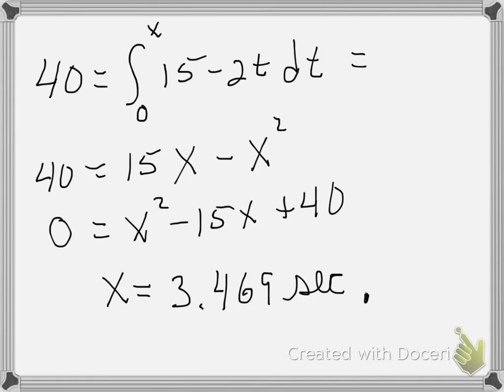Now, part C says if the tank originally held 100 gallons, will the tank ever become empty? Well, essentially what they're asking here is is the volume in the tank ever going to reach 100 gallons drained, or are you ever going to get 100 gallons out?